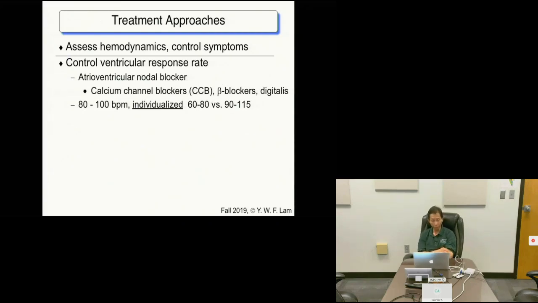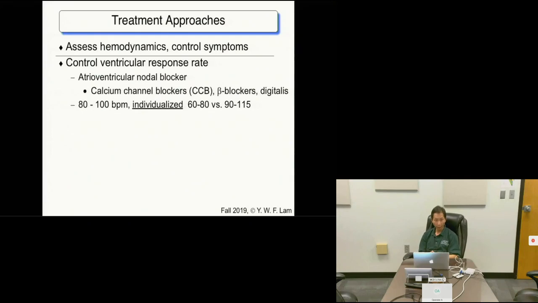Remember, even though the atrium is beating at about 250 to 350 beats per minute, luckily the atrioventricular node slows down the number of electrical impulses that pass from the atrium to the ventricle. So from a pharmacological standpoint, we want to help the atrioventricular node by giving a drug that produces an additional blockade at the atrioventricular node.